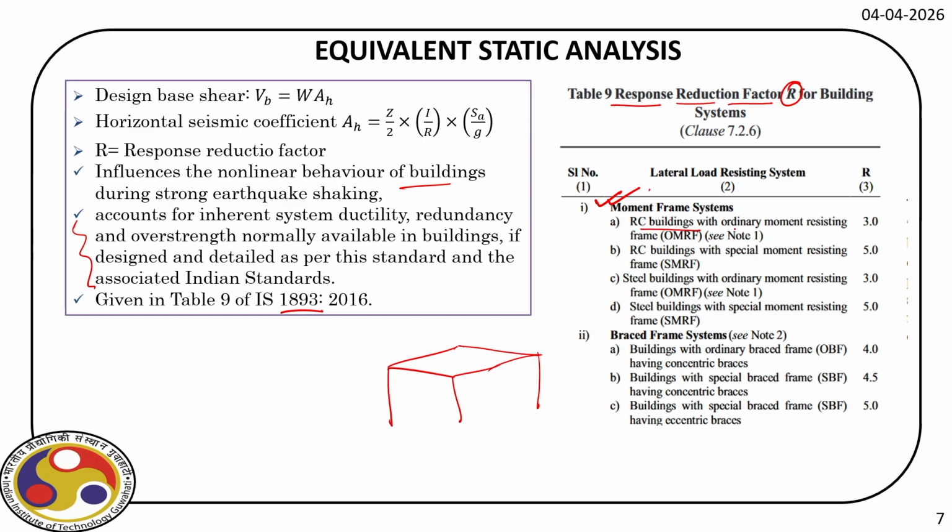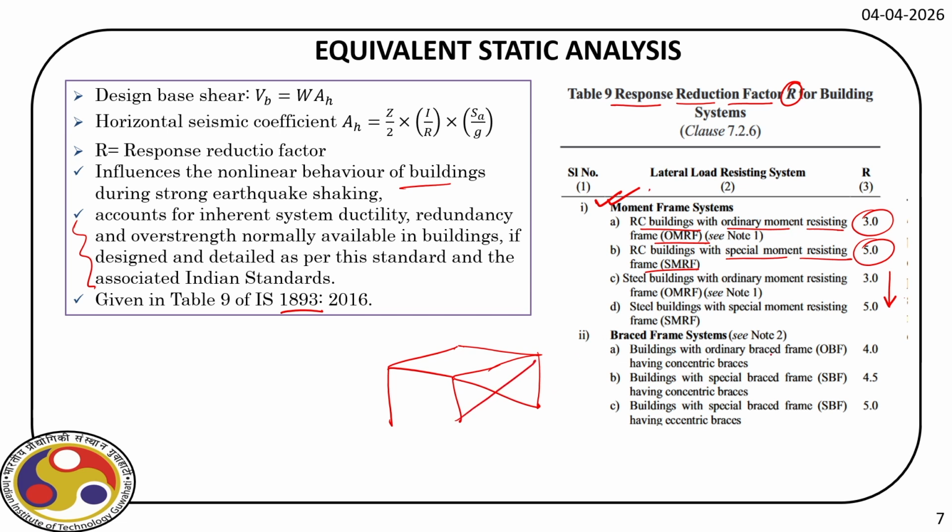So again, for the moment frame system, we have different categories. RC buildings with ordinary moment resisting frames, the response reduction factor is 3. RC buildings with special moment resisting frames, it is 5. Similarly, we have other options. There are braced frame buildings also. We have no bracing in our building, so that is not our case.